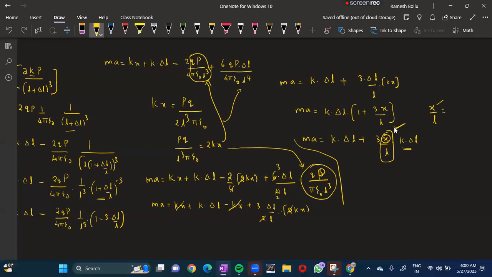Why? Because x is very, very small and L value is very, very large enough. You can neglect this value because we have to express in terms of K into delta L only.